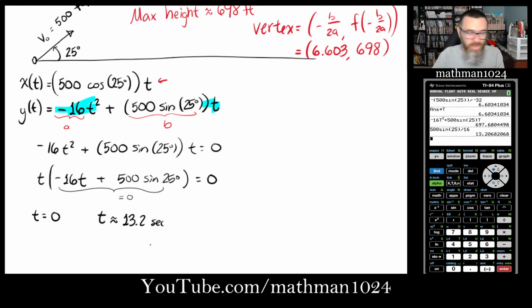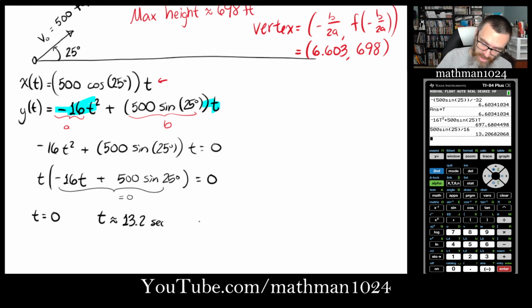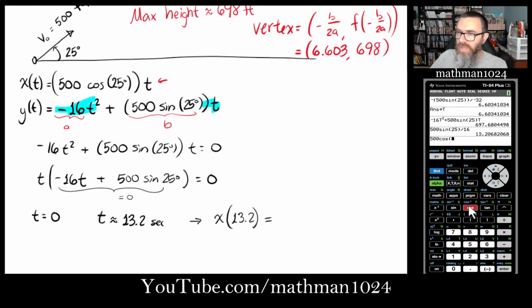So that's the time where we hit the ground, but the question is how far away is that? The how far away is not going to be using the y, but it's going to be using the x. So using this guy right here, plug it in there, and let's see what we get. So from here, x of 13.2. All right, so let's go to the calculator. We've got 500 cosine of 25 degrees times our answer that we just got.